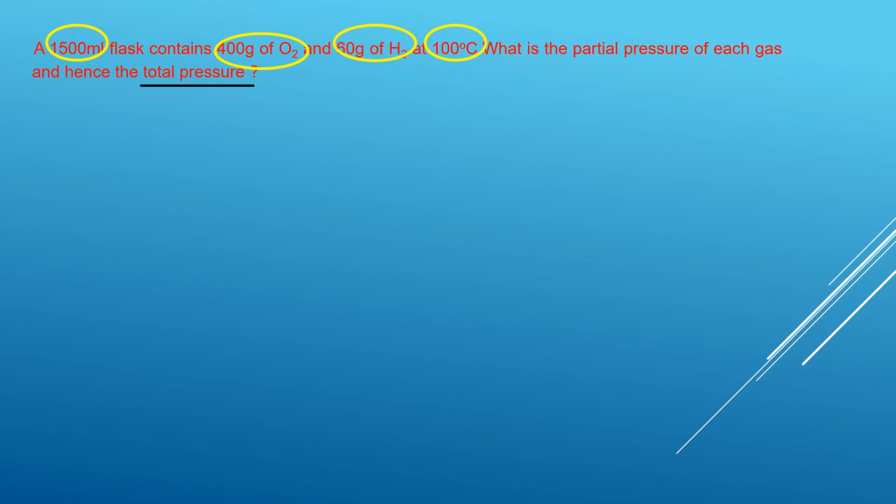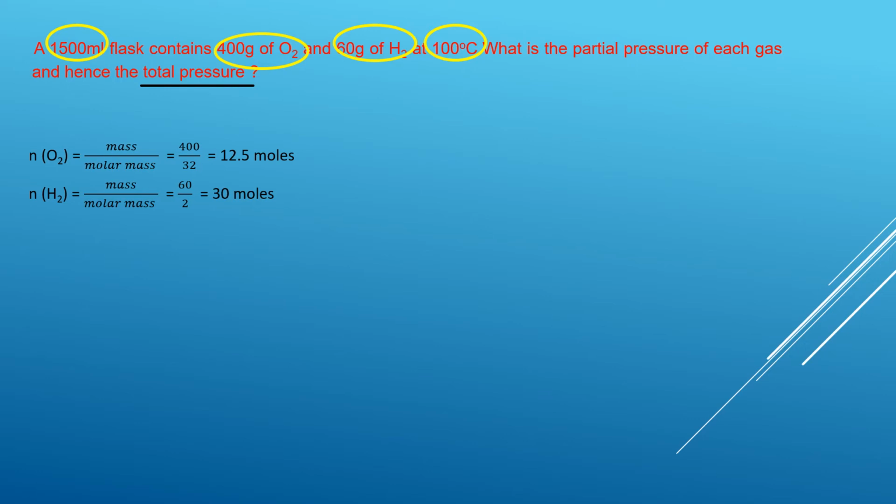So the equation that we are going to be using is the ideal gas equation. Let's work this out first. We are going to first find out the moles of each gas. The mole of oxygen will be equal to the mass of oxygen, which is 400, divided by the molar mass, which is 32, and you get 12.5 moles. Calculate the mole of hydrogen gas. That's 60 grams of hydrogen divided by 2, and you get 30 moles of hydrogen.